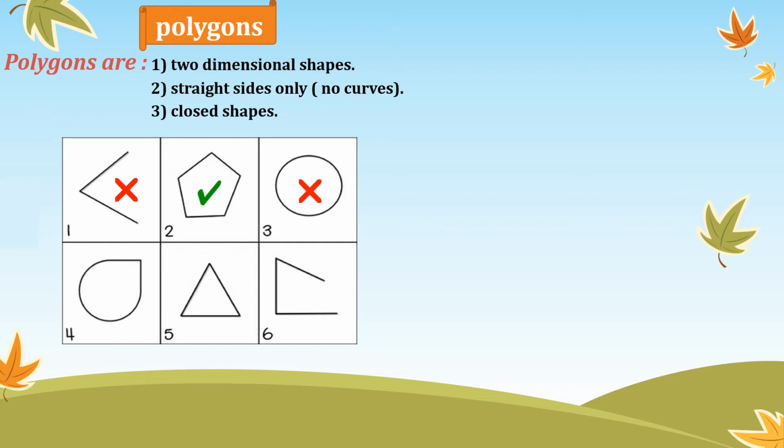No, because here we have a curve. Number 5, yes, it's a polygon. It's a 2D shape, straight sides and closed. Number 6, it's not a polygon because it's an open shape.